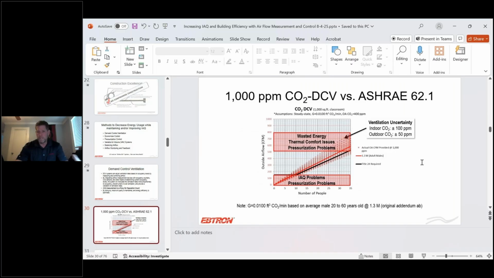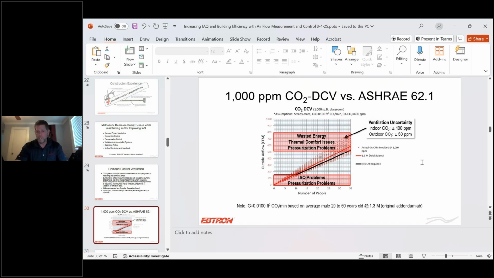If you design it to ASHRAE 62.1, in the very beginning you're not ventilating. You could potentially be underventilating as people enter a space, as a group of people enters a conference room, a lecture hall, somewhere like that. In the beginning, until your CO2 level rises between 400 ppm and 1,000 ppm, you may be underventilating that space.